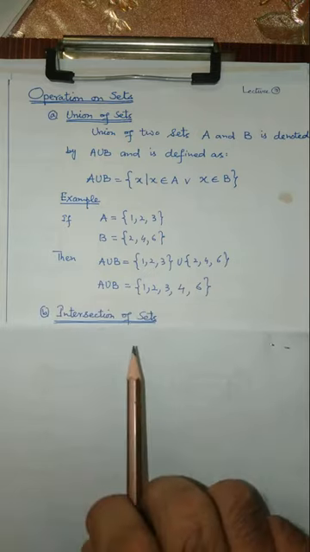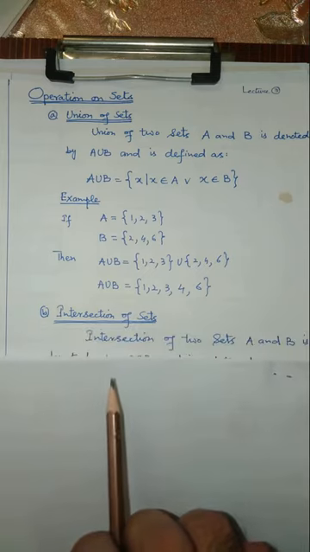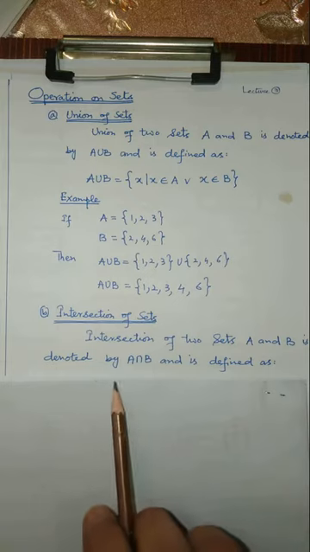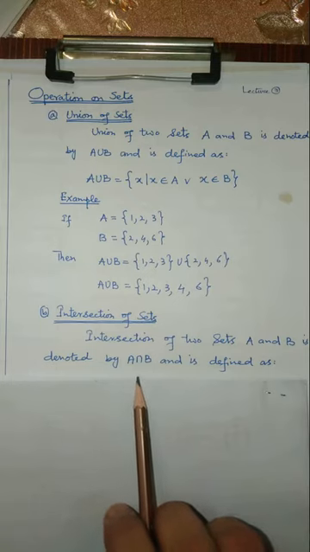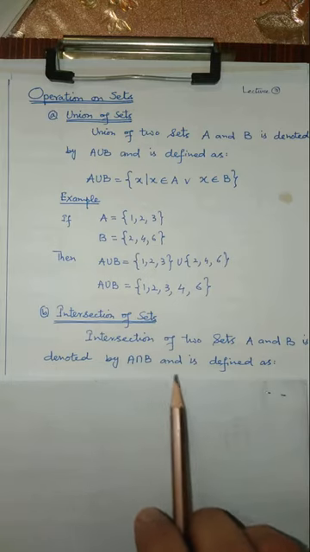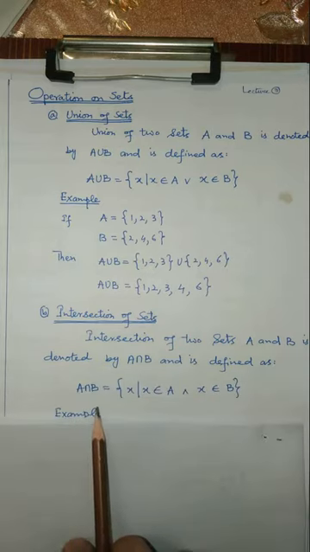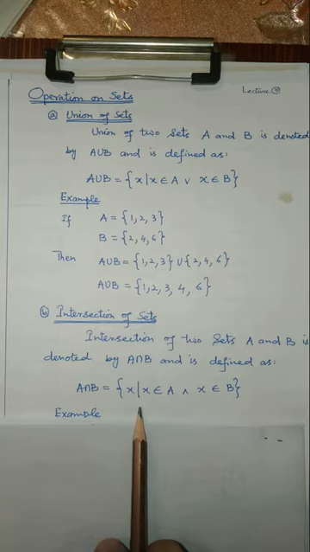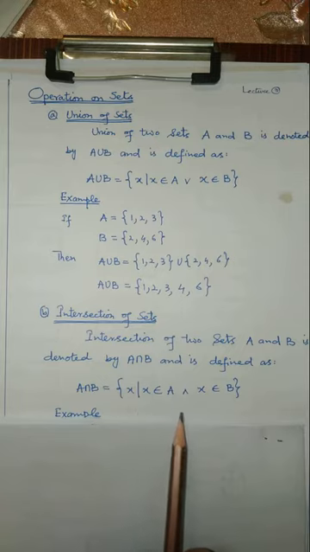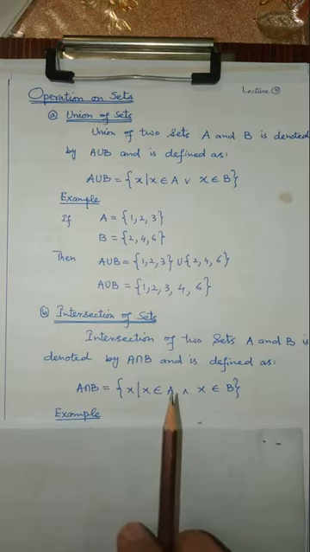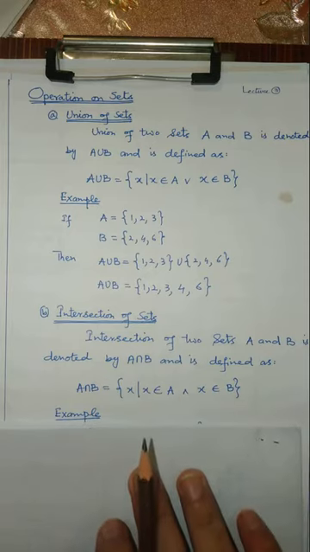Now intersection of sets. Intersection of two sets A and B is denoted by A intersection B, and it is defined as A intersection B is equal to X such that X belongs to A and X belongs to B. In intersection we write common elements.